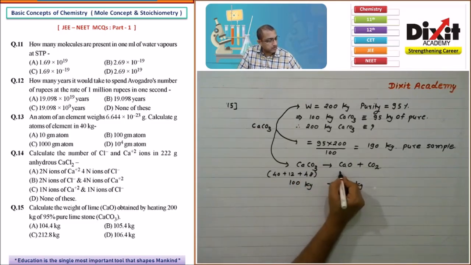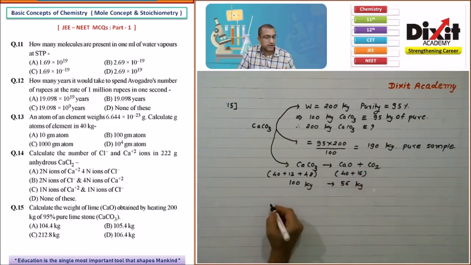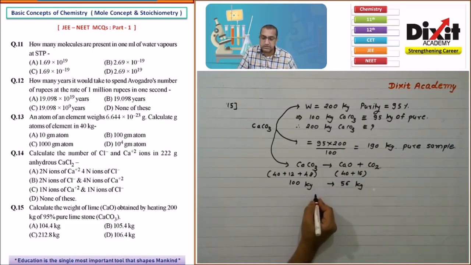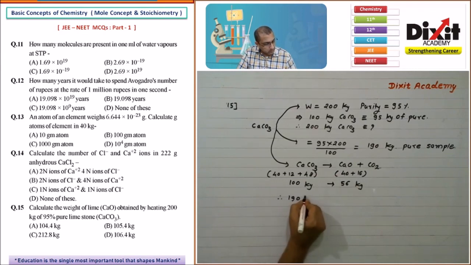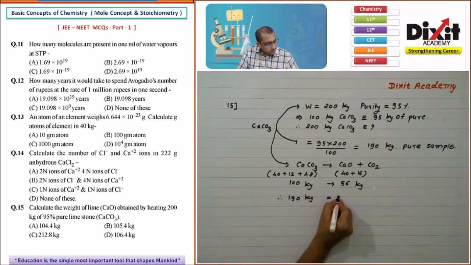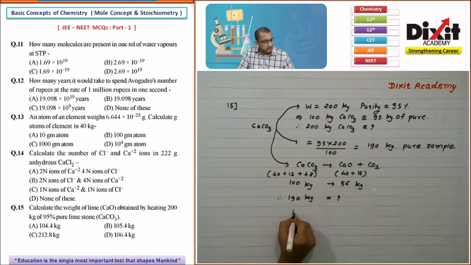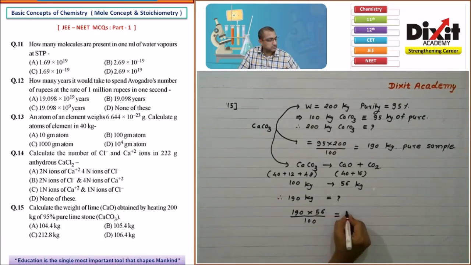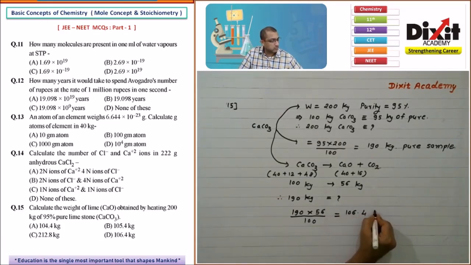So it will form 100, and here calcium is 40 and plus oxygen 16 gram per mole, so that is 56 kg. So 100 kg of pure sample will give 56 kilograms of calcium oxide. Therefore 190 kg of pure sample will give how much? Cross multiply and get the answer. So 190 into 56 upon 100, and the answer is 106.4 kg. Option is D.